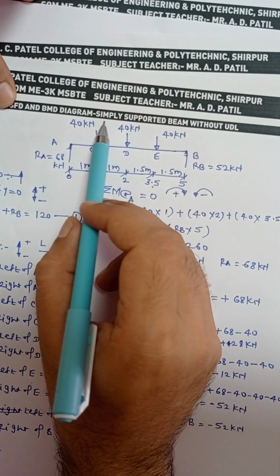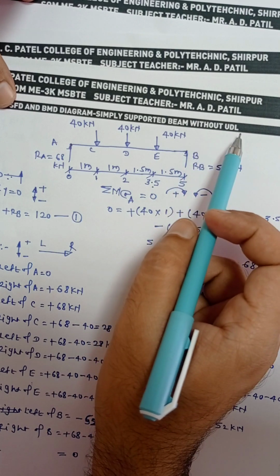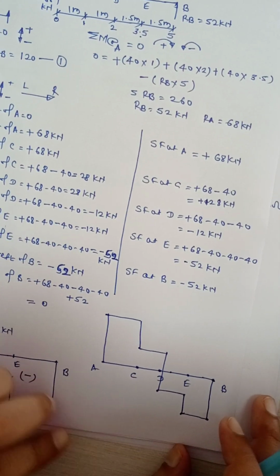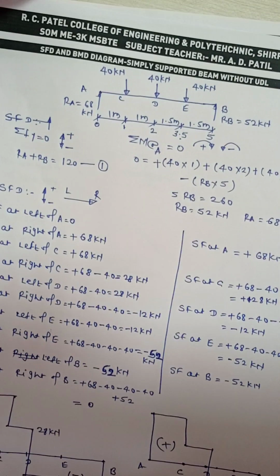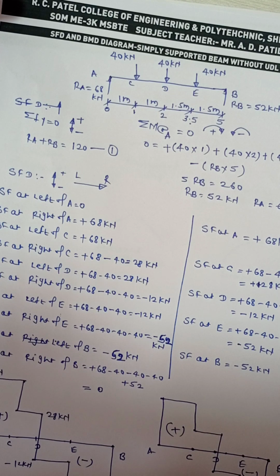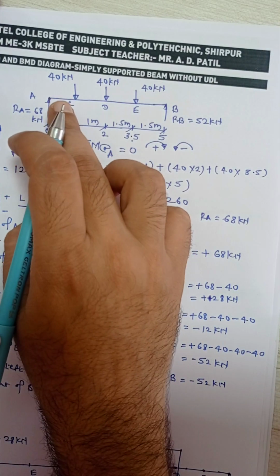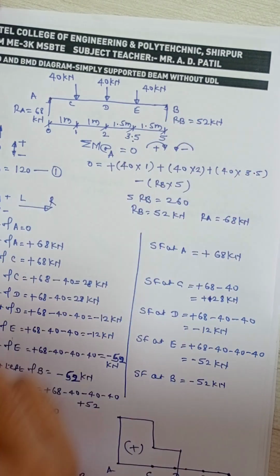This concept I am telling only for the simply supported beam without a UDL. When there is an overhang beam, there will be little bit changes in the concept, and there will be little bit changes in the cantilever beam. Okay, so this will be the positive and this will be the negative. So I explained both methods here. Apply the second method when there is no UDL in the numerical. Okay, thank you very much.